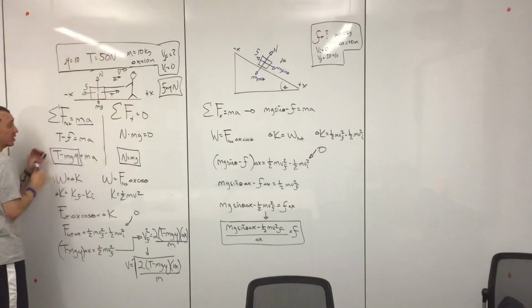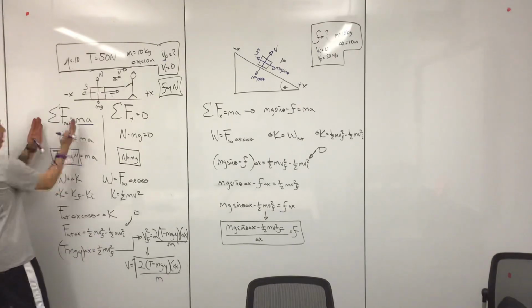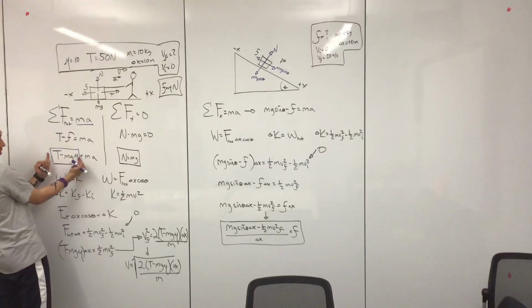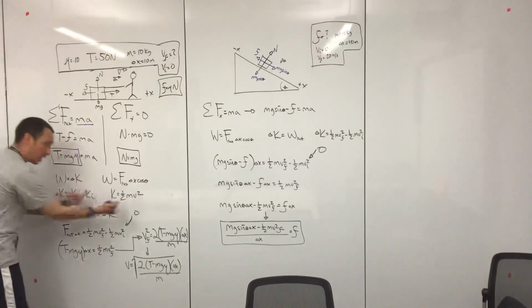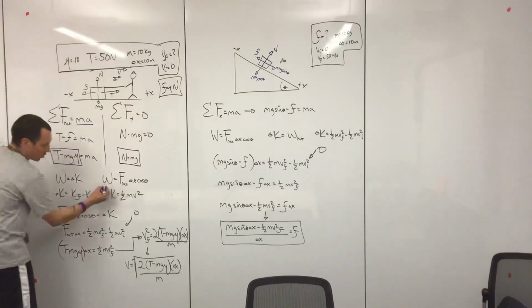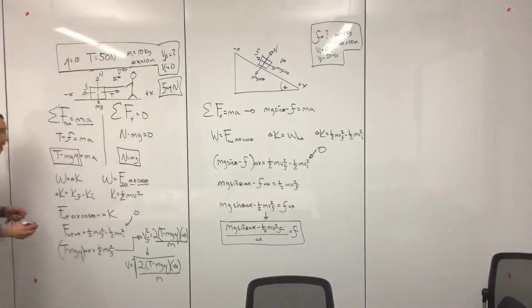Even though we're using Newton's second law, we're not solving for acceleration, but we need the net force. There's the net force, and we know the net force is equal to ma, and we need that for our work equation. We know work is equal to net force times displacement times cosine theta.